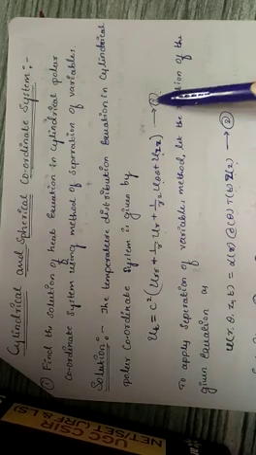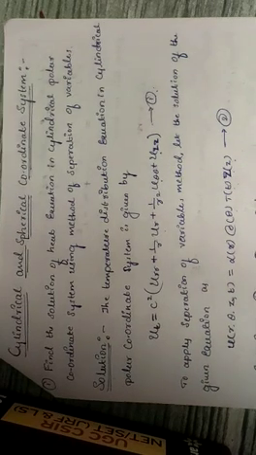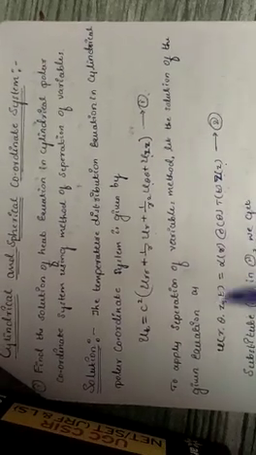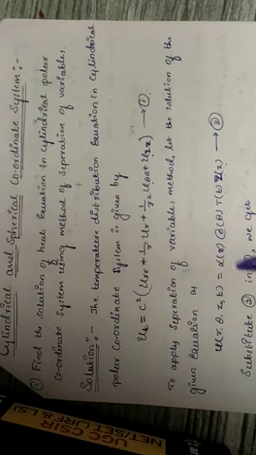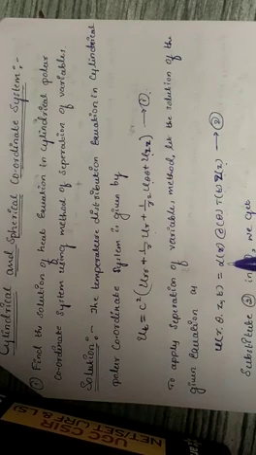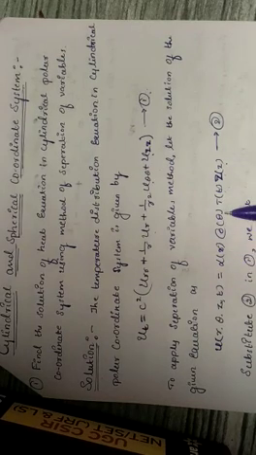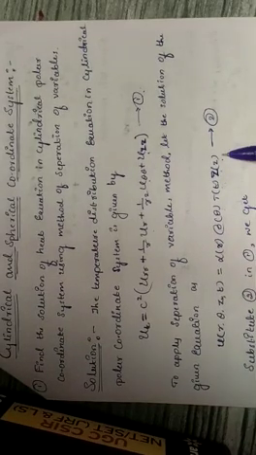Here we find the solution of this equation by using method of separation of variables. So first we assume the solution of equation 1 as u of r comma theta comma z comma t equals alpha of r into beta of theta into T of t into Z of z. So here alpha is a function of r, beta is a function of theta, T is a function of t, and Z is also a function of z.